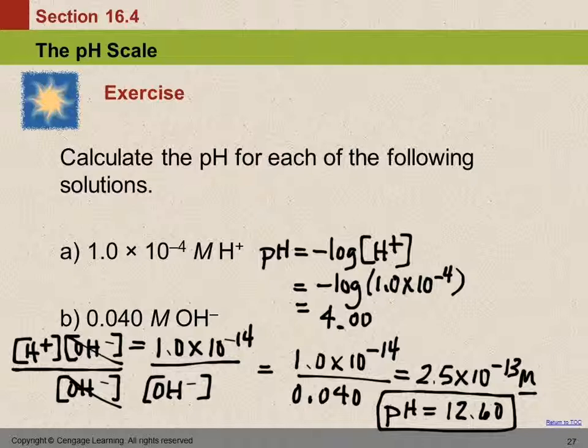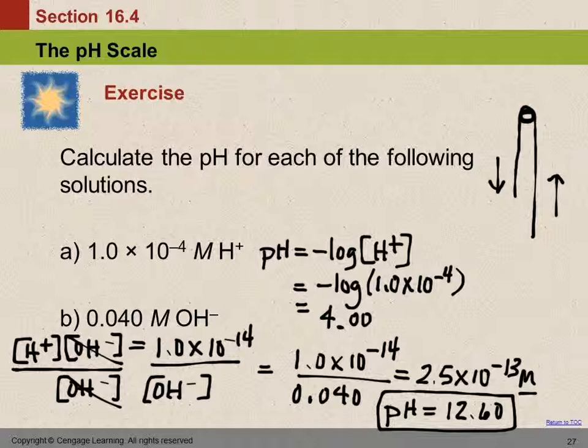There's this relationship between hydrogen ion and hydroxide ion. It's a little bit like, let's see if I can draw up here, here's a pole and you've got a rope that you threw over the pole. If you pull this end down, what happens to the other end? It goes up, and vice versa. When one goes up, the other goes down.